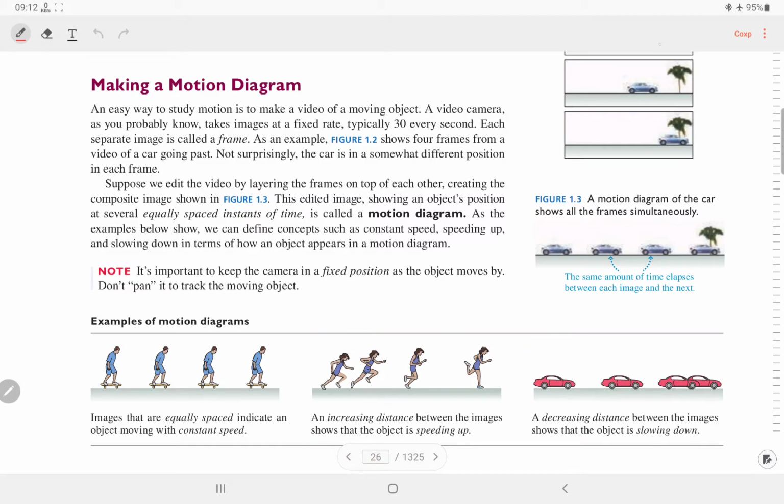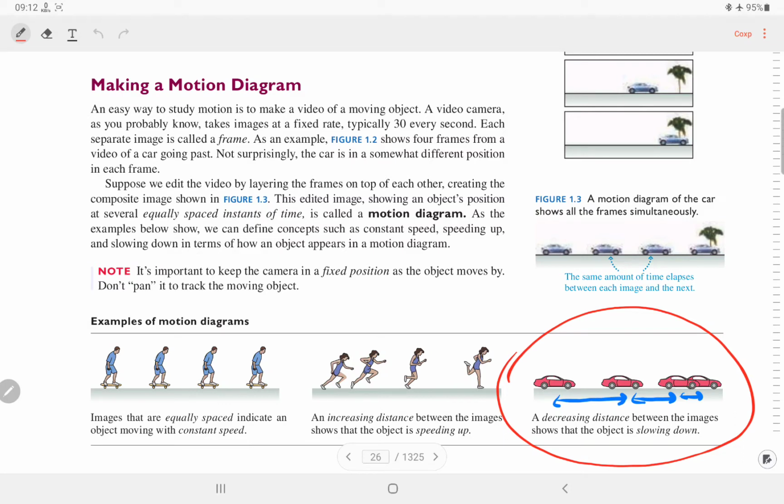Last picture, last diagram. Again, it was taken with the same interval of time, and this initial distance is bigger than the next distance, and that one is bigger than the next one. So what can we conclude?